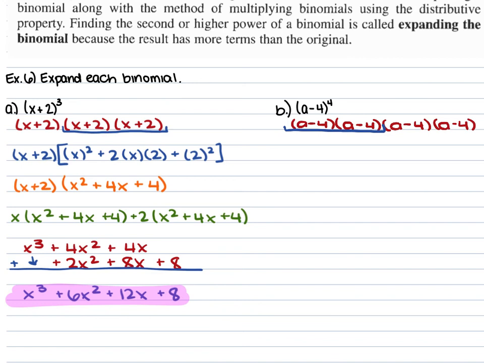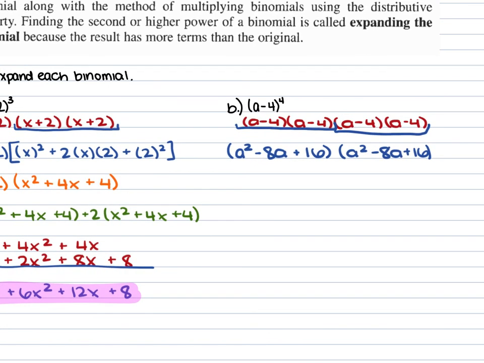So we are just going to do a squared minus 2 times a times 4 is negative 8a plus b squared is 4 squared, so that's 16. Remember, we're doing this twice since there are 4 sets of parentheses here. So both those a minus 4 times a minus 4 is that a squared minus 8a plus 16.